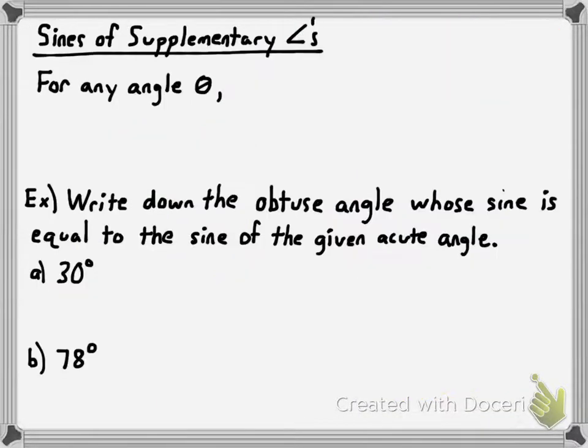Follow? All right. Well, let's summarize that last thought. Talk about the sines of supplementary angles. This is basically a property that you need to know. And it turns out that for any angle theta, the sine of that angle theta is equal to the sine of the supplement of that angle theta.